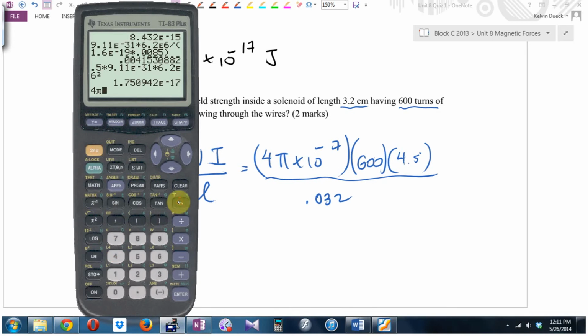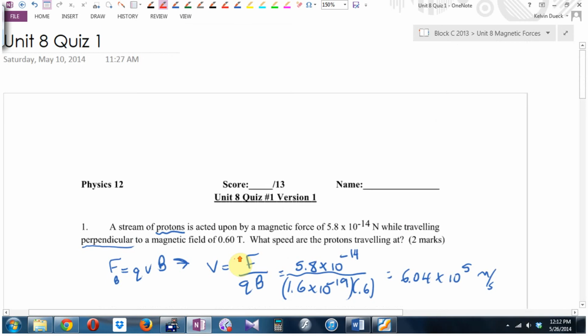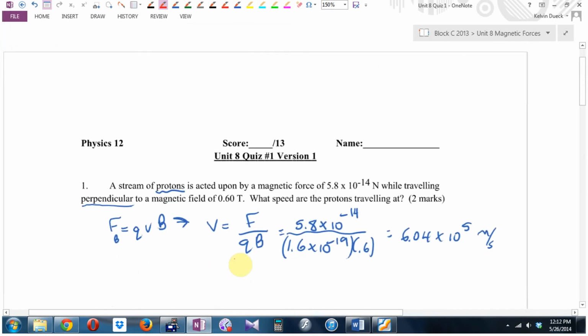Again, some of you with cheaper calculators have to go pi 4, or pi times 4. You'll get 0.106 Teslas. Half mark, 1 mark, 1 mark. Can you give yourself a lovely score out of 13, please?